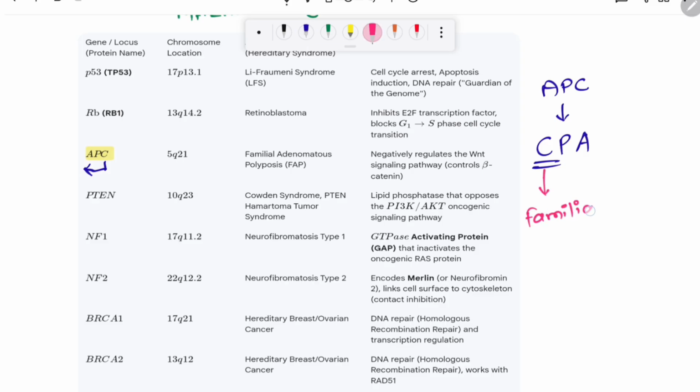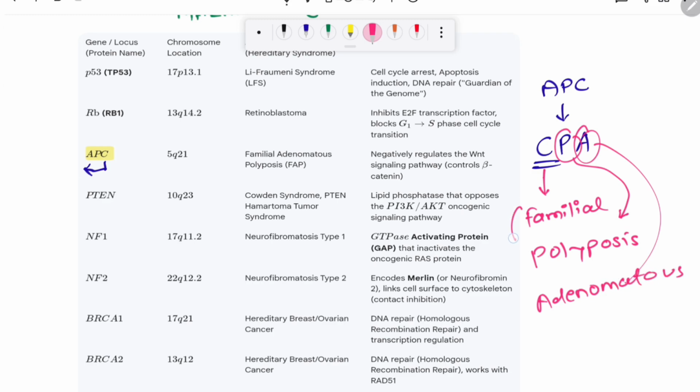From C you can derive who controls us, family controllers, so familial is the word. From P we can derive polyposis, and for A you can remember adenomatosis. So here is the associated tumor: familial adenomatous polyposis, FAP.